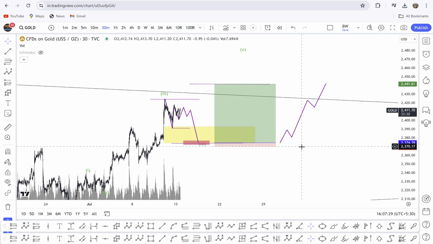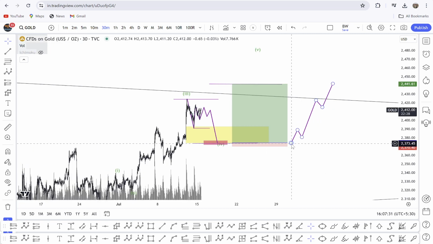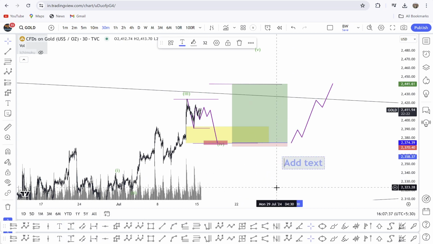For example, if you buy here 0.10 lot size at 2375, let me explain.